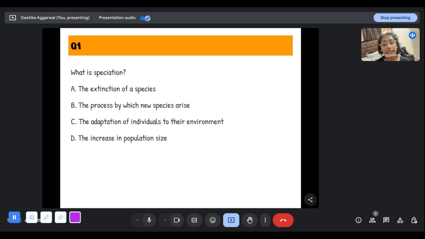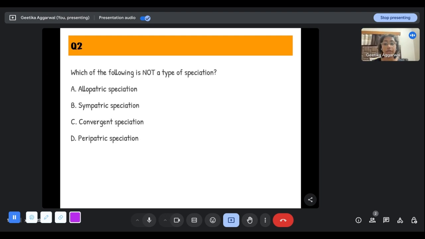So, what exactly is speciation? The correct answer to this question is that speciation is the process by which new species arise, which is option B.